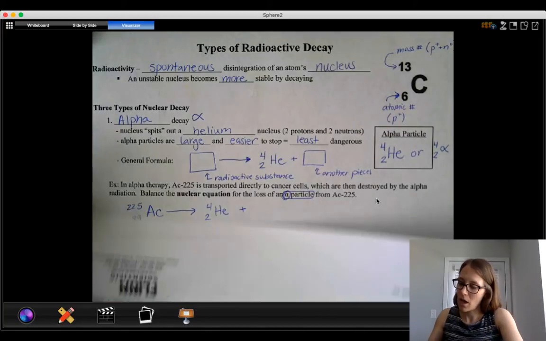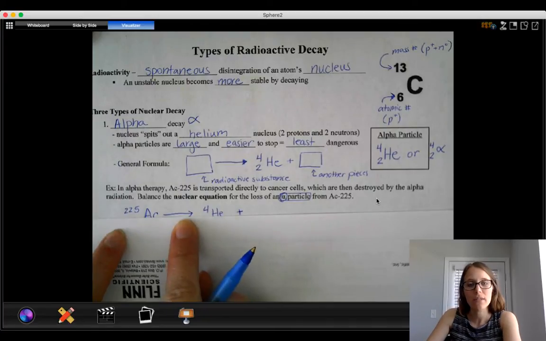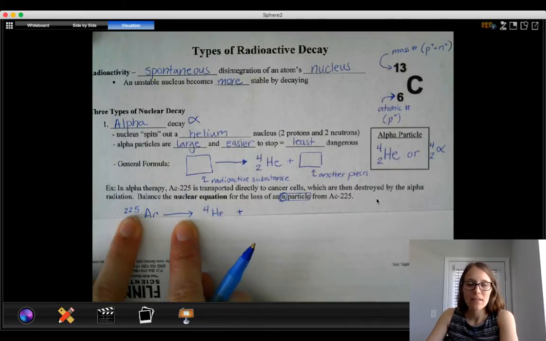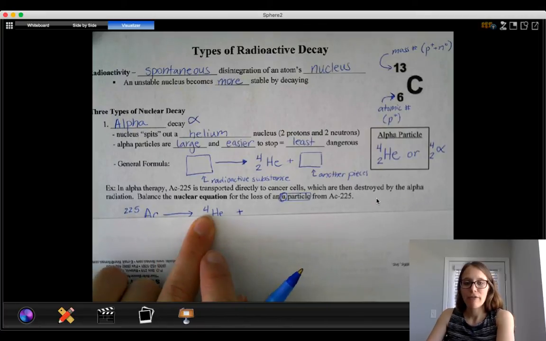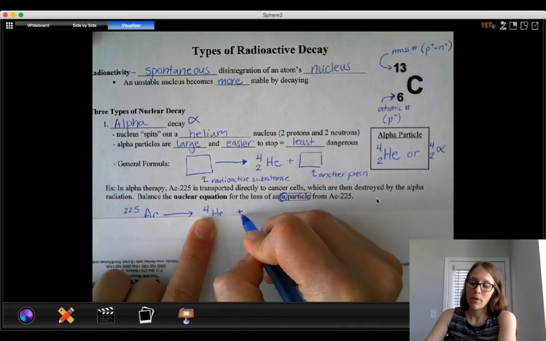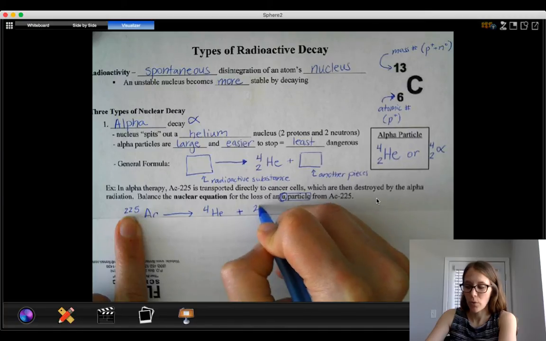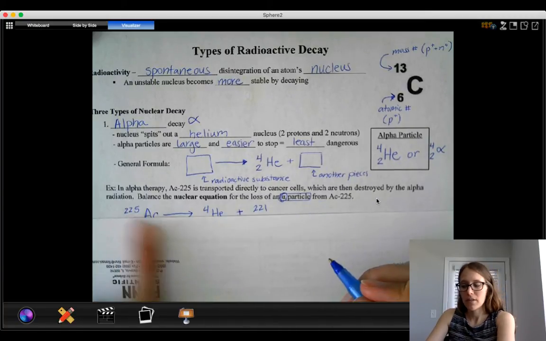I'm going to look at the top part. This is essentially just a math problem where the arrow is like an equal sign. The mass before was 225. That's equal to the mass of 4 that got spit out plus what's left over in the nucleus. So what number, when I add 4 to it, would become 225? That's 221. 221 plus 4 is 225.